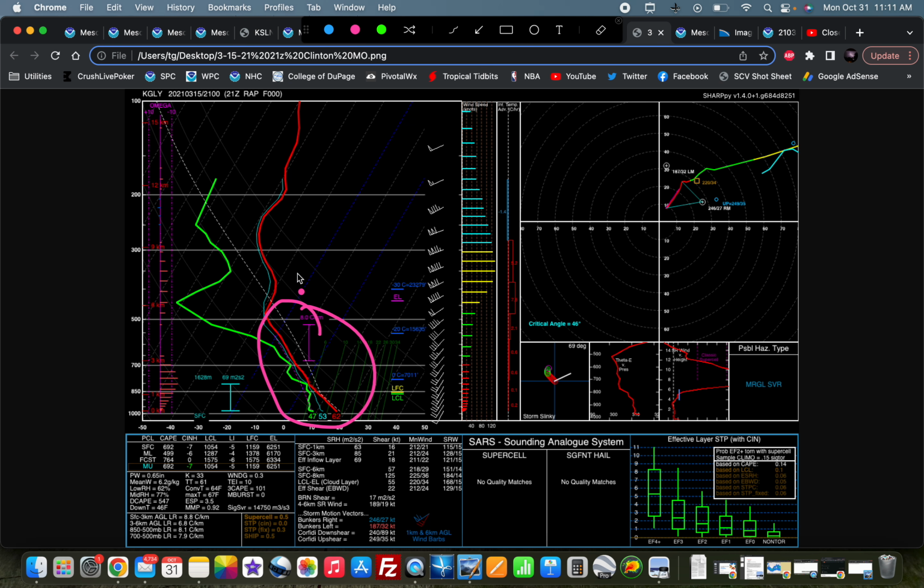This is a much more classic cold core type thermodynamic profile, just about 500 joules per kilogram of mixed layer CAPE. But notice the 0-3 km CAPE, just over 100 joules per kilogram. So most of that CAPE was concentrated in the lowest levels. And you can see the tops of the storms barely above 500 millibars. So very, very low top storms, which is usually the case with these cold core events.